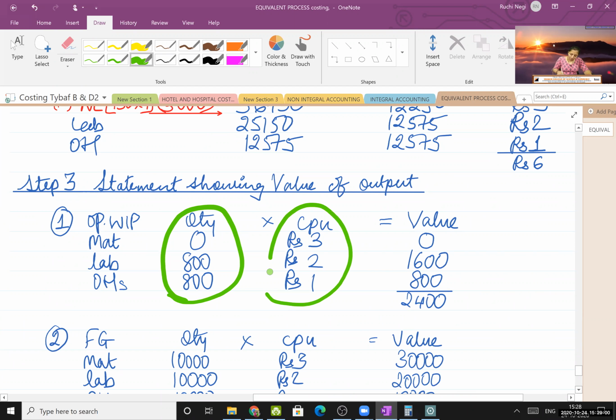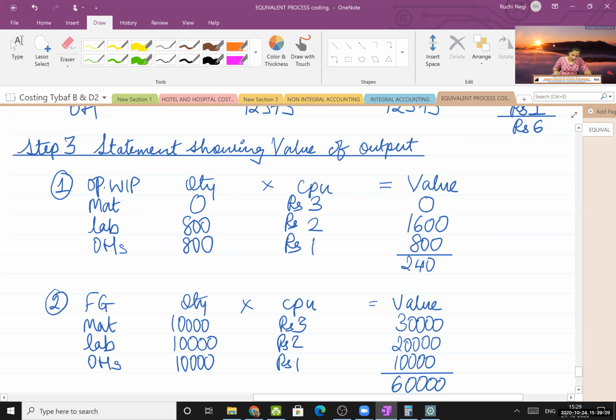CPU we just got 3, 2, 1. Multiply 0 into 3, 0. 800 into 2, 1600. 800 into 1, 800. So what is the total value? 2400. Done? Chalo.